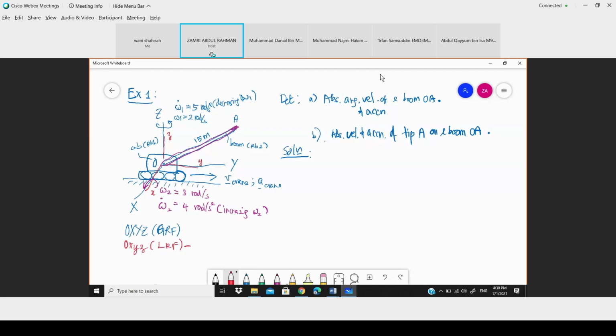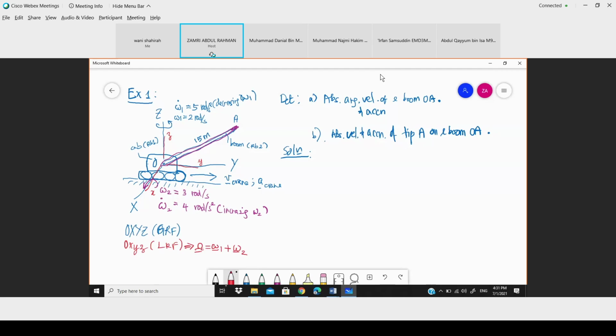Now for this we have to choose how you want to choose the rotation of the local reference frame. So we are going to choose such that omega is going to be equal to the absolute angular velocity. Omega of the rotating axis consists of omega 1, which is omega of the cab, plus omega 2, which is omega of the boom relative to the cab.